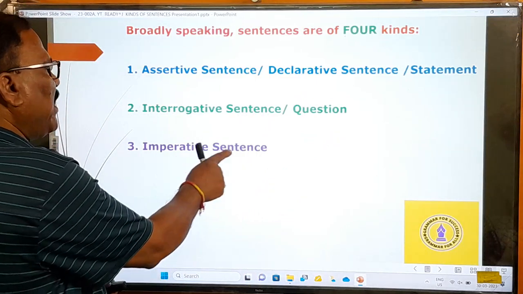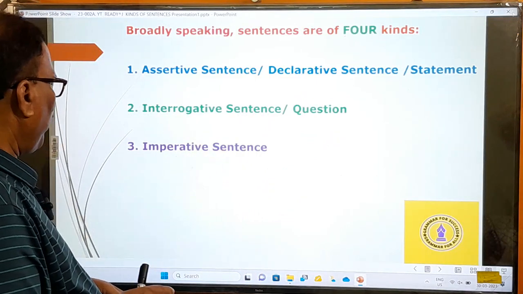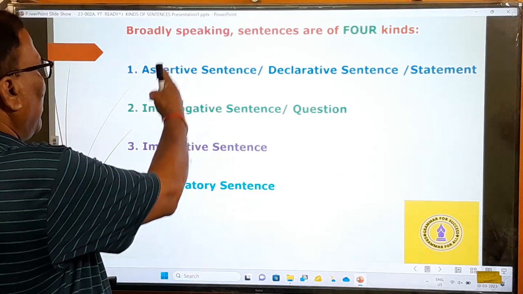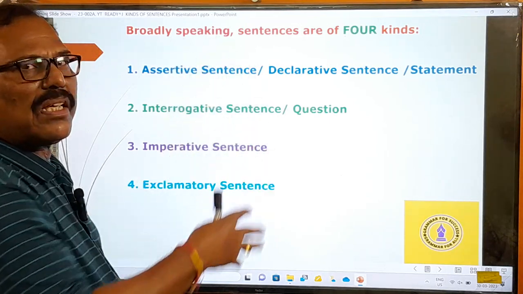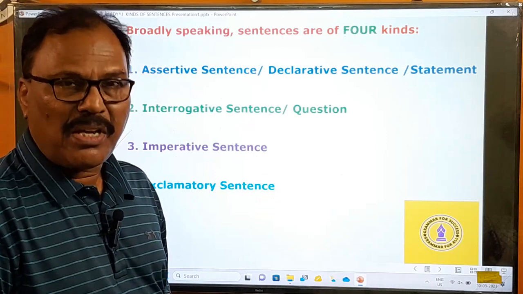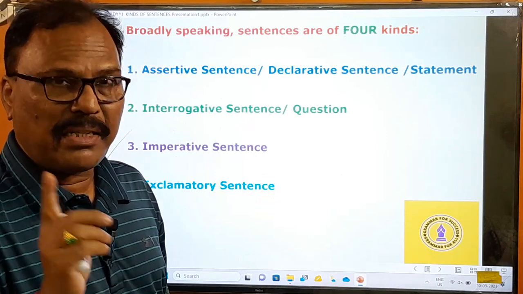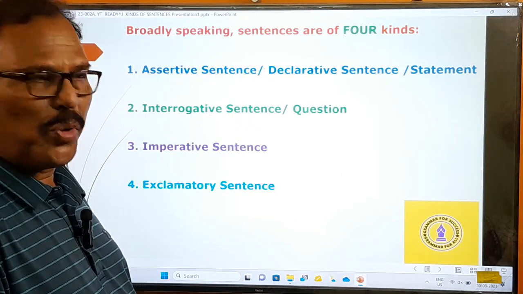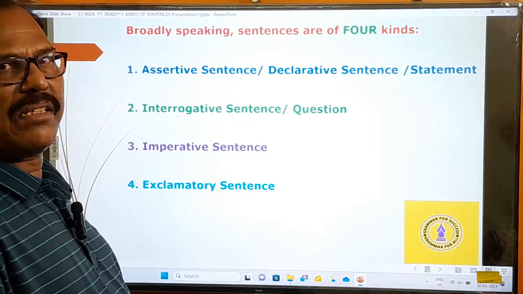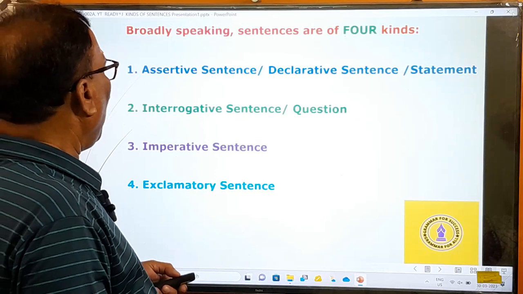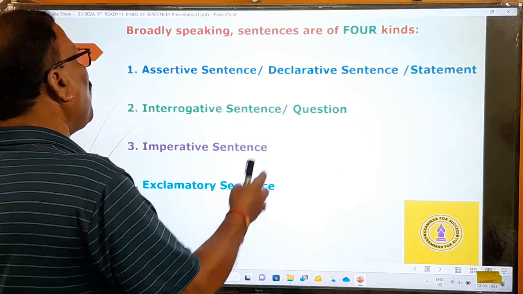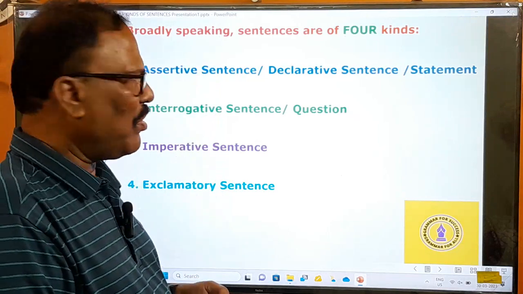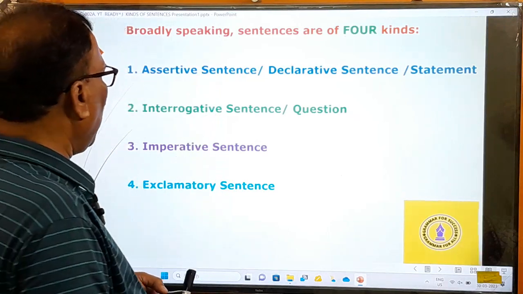Number three, imperative sentence, right? Number four, exclamatory sentence. In this way, all the sentences in the English language have been divided by the grammarians into these four categories or four groups or four kinds, anything you can say. Now, let us know about each and every kind of sentence very briefly. Okay, now let's go to the next slide.